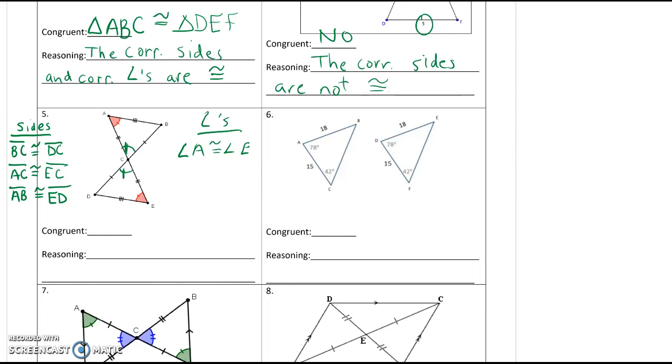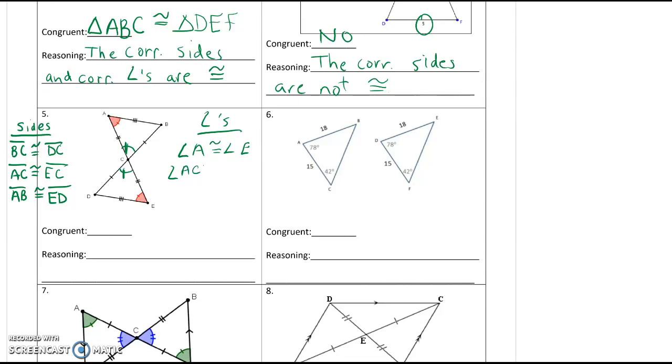Okay, so we can't call that angle C because there's 2 angles that share that vertex, right? Remember when we name angles? So in order to name this angle, we have to name it either ACB or BCA.